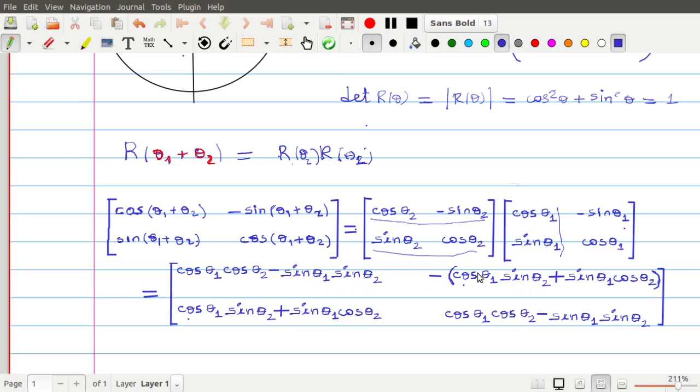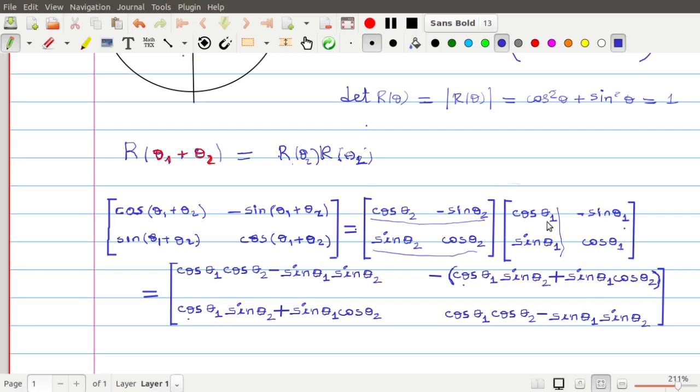Now for the second column, this position is in the first row, second column, which will be this one. You see that we have already this negative. So we have negative sine theta 1 cosine theta 2, which is here already.